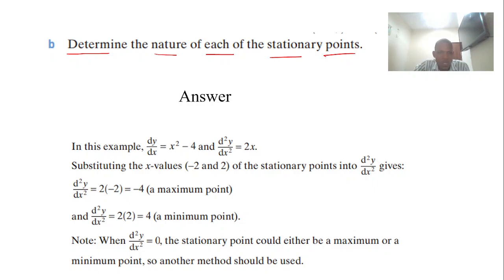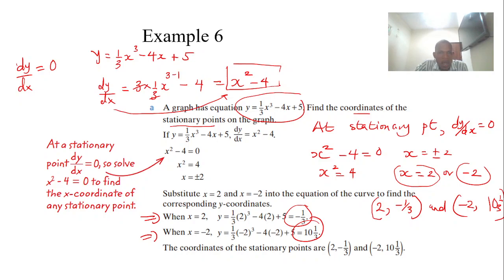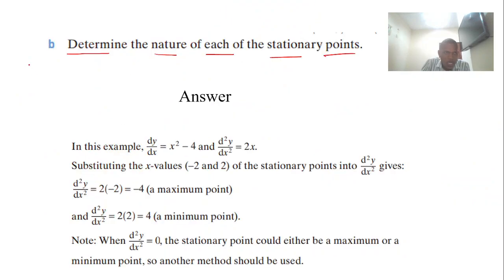Don't forget our first derivative, dy over ds, was x squared minus 4, right?